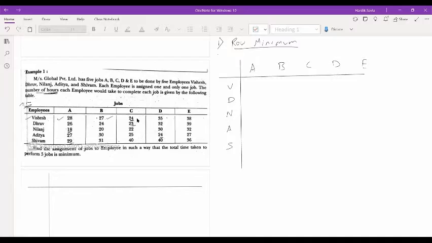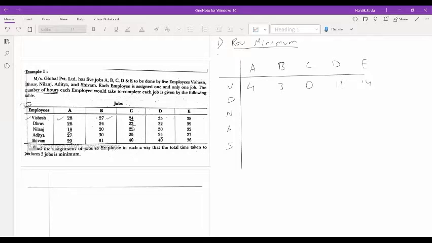We will go into the first row. We will select the minimum value, that is 24, and we will subtract this 24 from all the other values. That is 28 minus 24, 4, 27 minus 24, 3, 24 minus 24, 0, 35 minus 24, 11, and 38 minus 24, 14. We will do this for all the other rows.